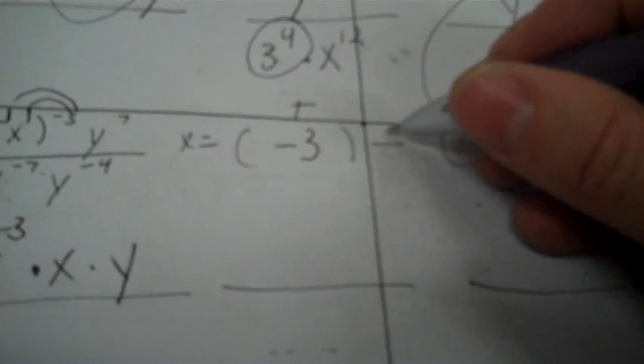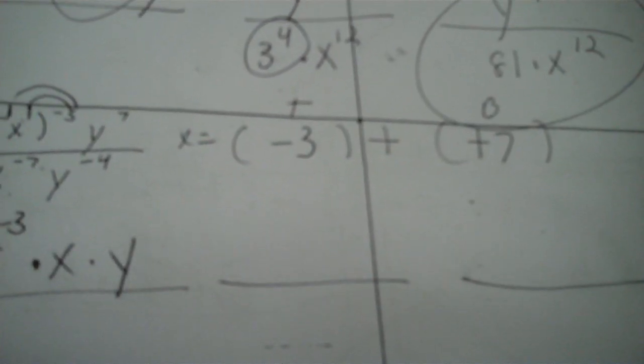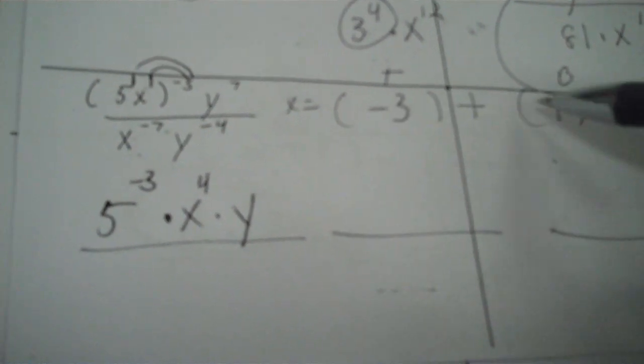Then I go to the bottom. There's only a single x on the bottom. I put negative 7. Now if I'm subtracting a negative, negative 3 minus negative 7, you're actually adding positive 7. Negative 3 plus positive 7 is 4. So x is to the 4th. Kind of weird how that works, but if you set this up, you'll be fine.